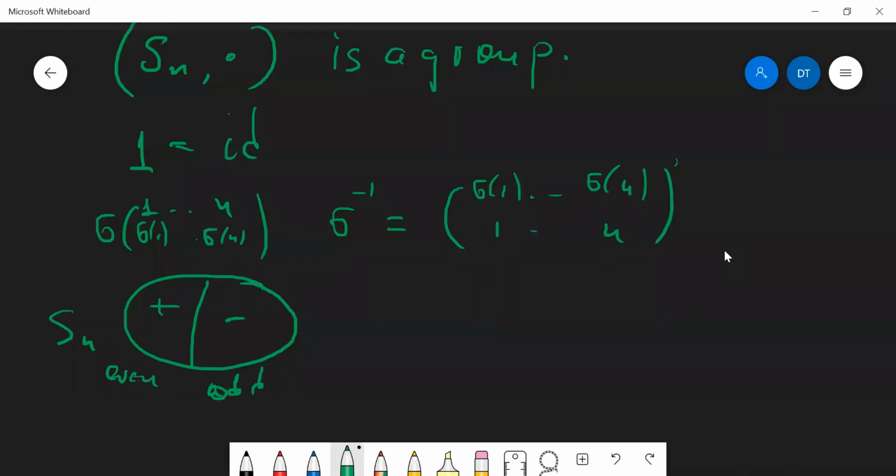Even permutations have a special name. They're denoted by the capital letter A with index n. This is the set of all even permutations inside of all permutations.